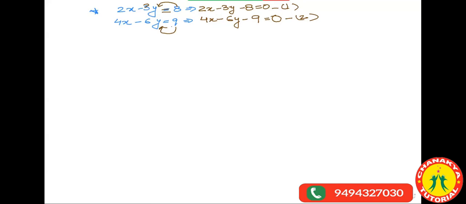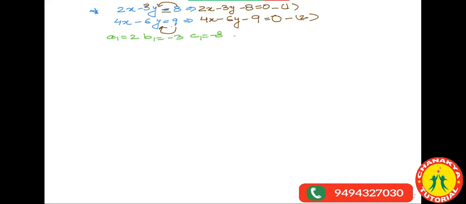Aman, Shan. Shan, tell me the values of a1, b1 and c1, beta. a1 is 2, b1 is minus 3, c1 is minus 8.